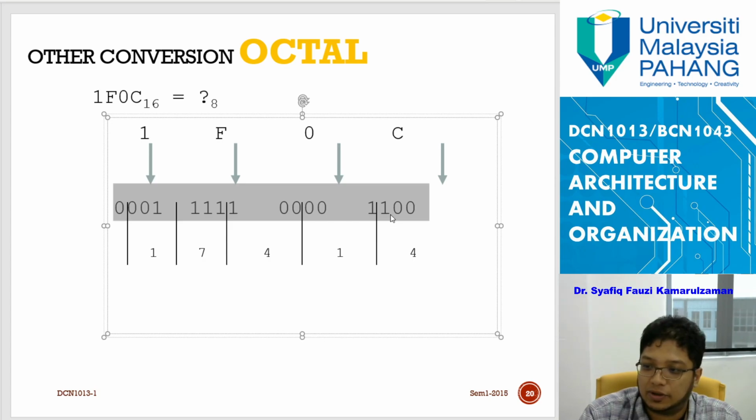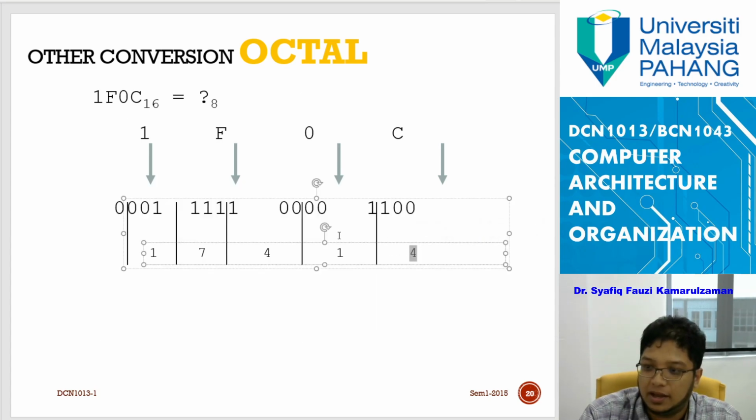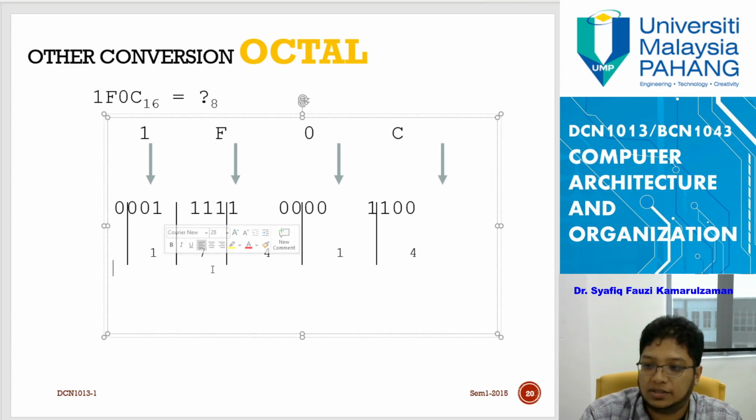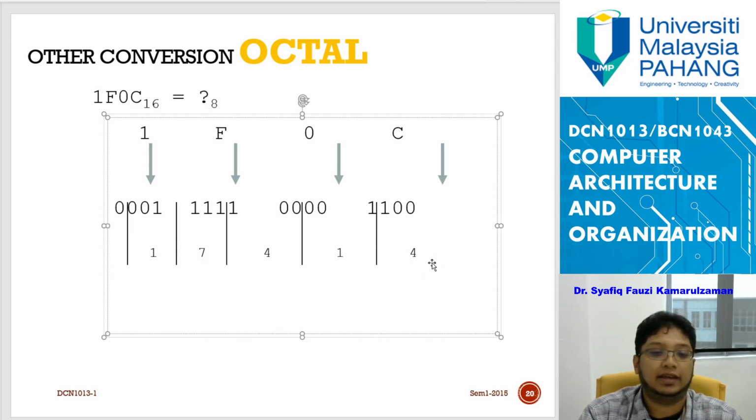So in this case, when you separate using 3, you got 100 is 4 in binary, 001 is 1 in binary, 100 is 4 in binary, 111 is 7 in binary, and 001 is 1 in binary. So you got 17414 as an octal. So 17414 base 8 is the value of this octal number.